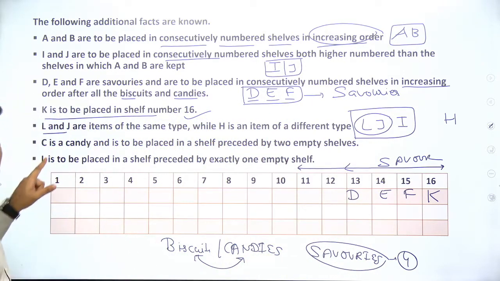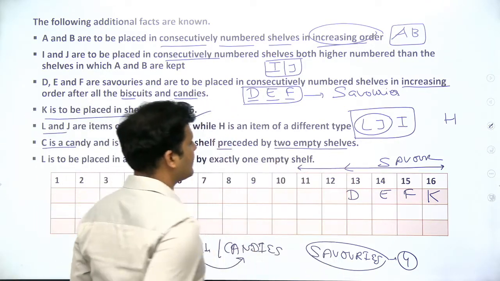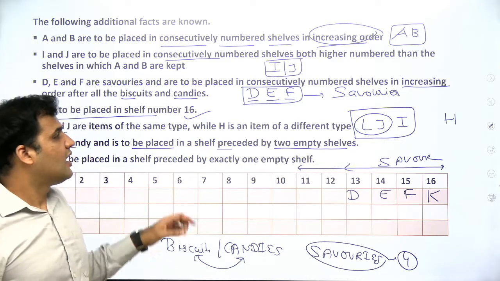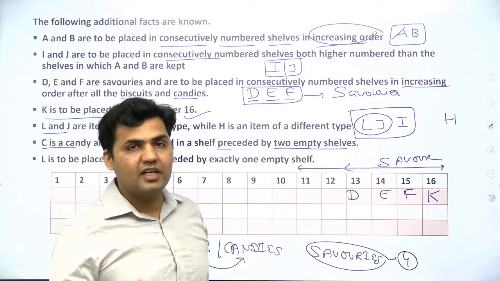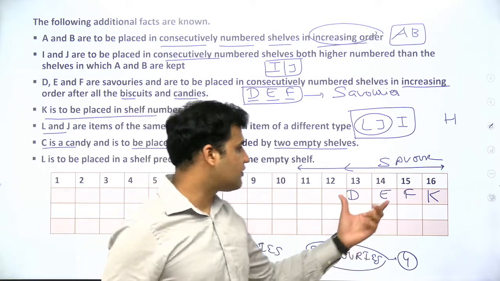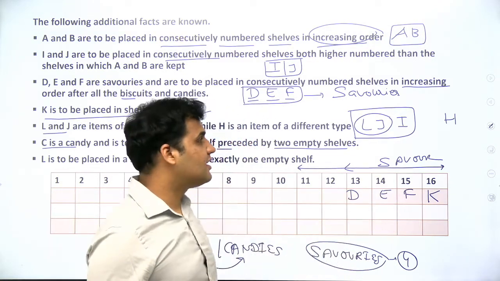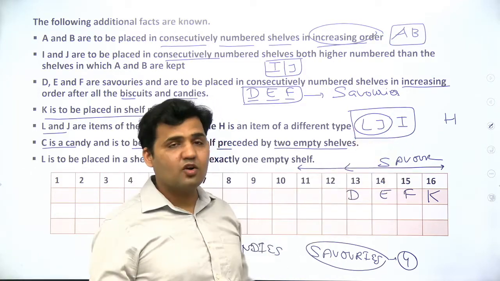Now we have C is a candy and is to be placed in a shelf preceded by 2 empty shelves. It is mentioned that C is a candy, guys, and we have already seen that out of 12 items, 5 are biscuits, 3 are candies, and 4 are savories. These are the 4 savories. Now if 3 are candies and C is one of them, can I say L, J and I cannot be candies?